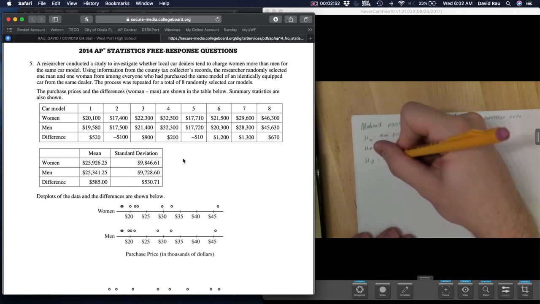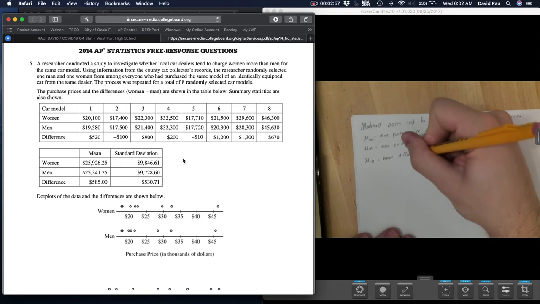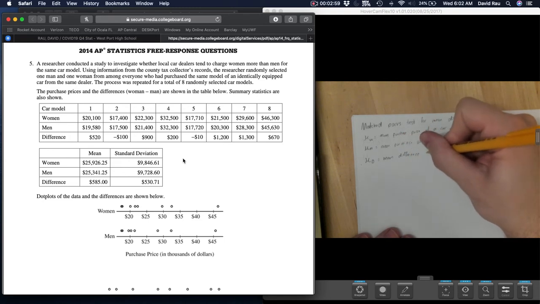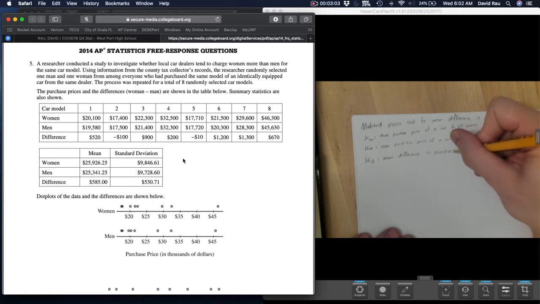And this is going to be the mean difference in purchase price, where D equals, well, let's see the order here, women minus men.